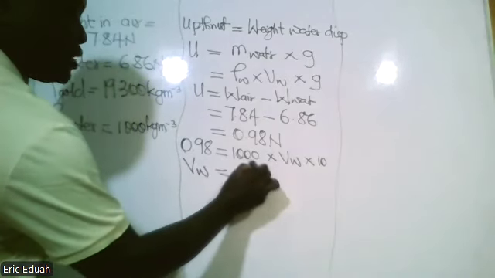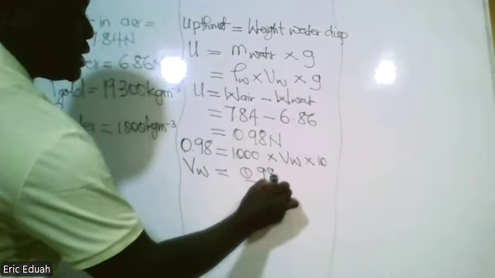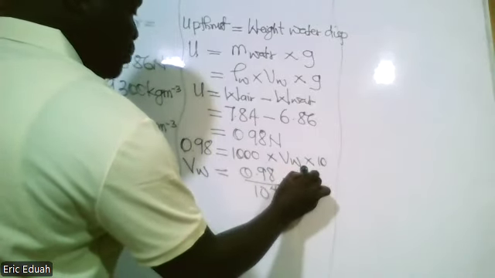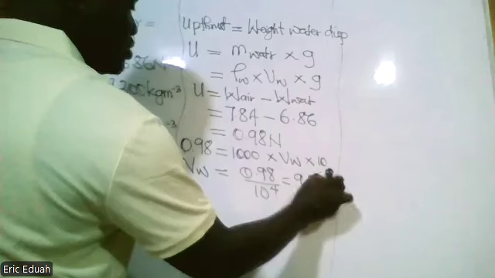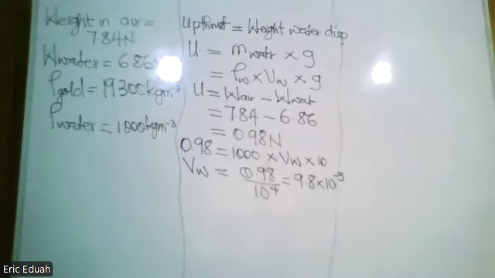So 0.98 divided by 10 to the power 4. And this is giving us 9.8 times 10 to the power negative 5 as the volume of water displaced.